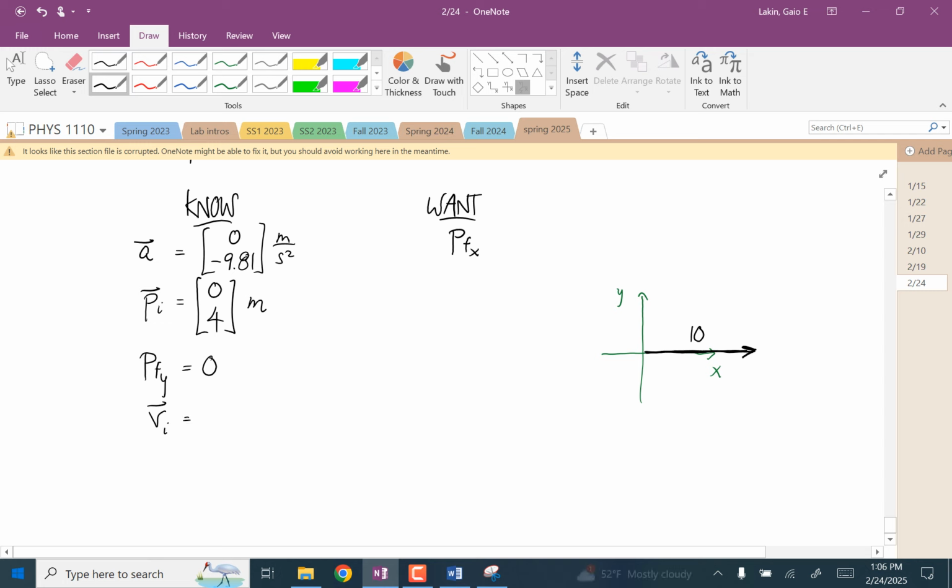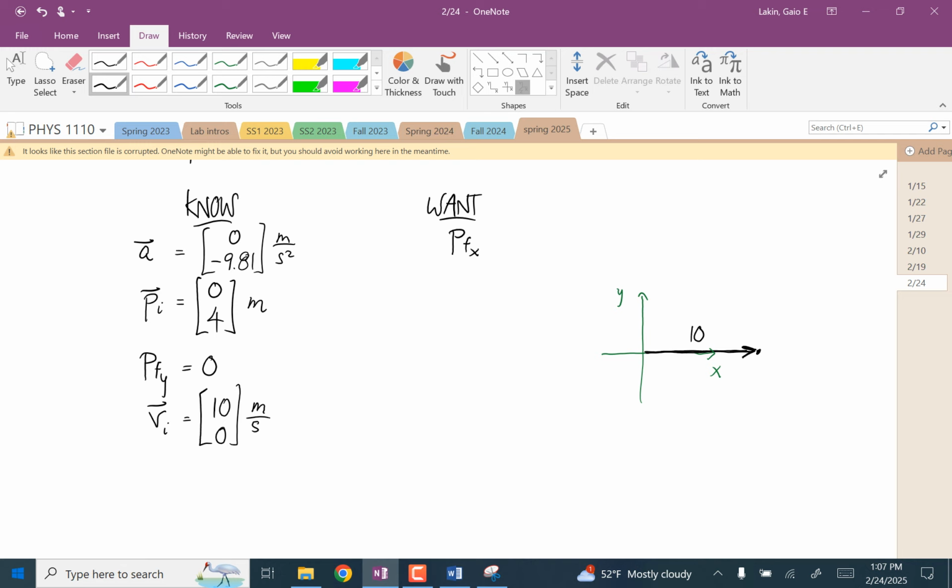You could think of it as 0 degrees and do 10 times cosine and sine of 0 degrees. Or you could say, what are the coordinates at this point? This is a quicker, easier way to think about it. That's just along the positive x-axis, so it's going to be 10, 0. And do we know anything about the velocity right before it hits the ground? No, so I'll just leave that off.